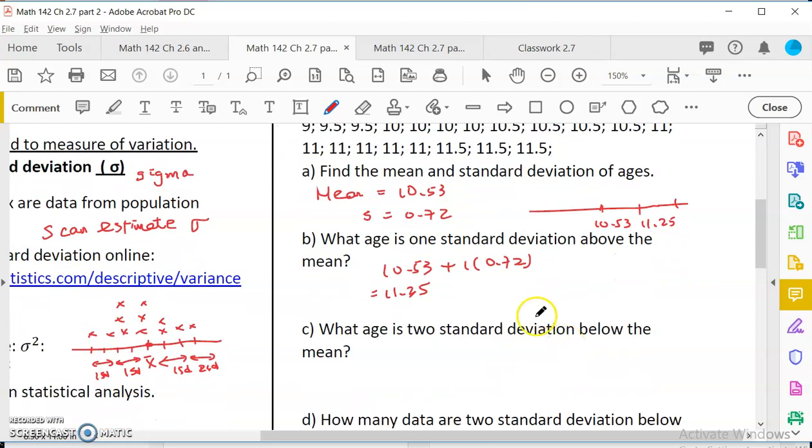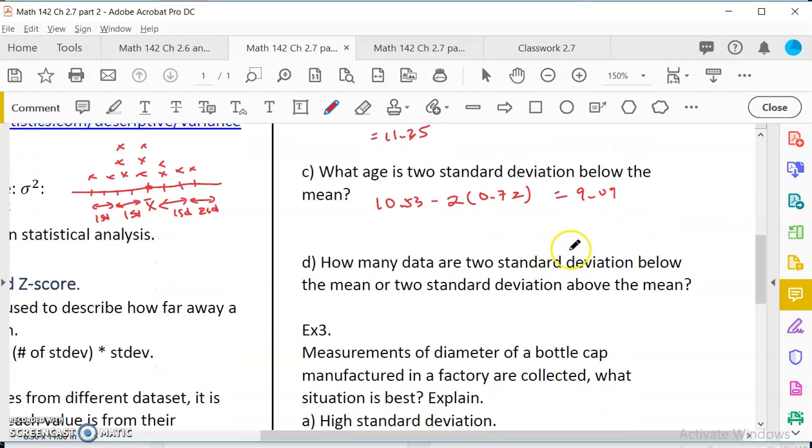So I would do 2 tick marks below. So 10.53 minus 2 times 0.72. Using a calculator, 10.53 minus 2 times 0.72, that's 9.09. So this tick mark is 9.09. You can find this also by subtracting 0.72.